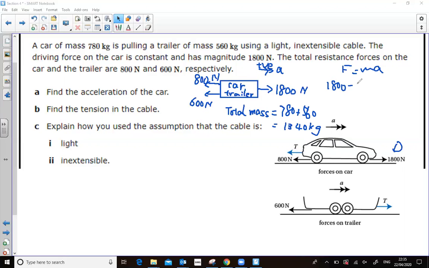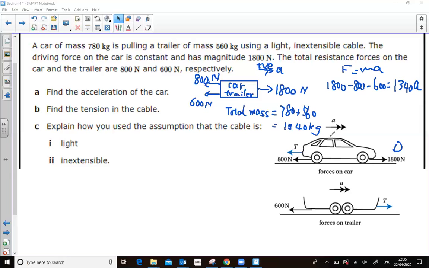So let's just write down take away 800. And then also negative 600 Newton. And that would equal the total mass, 1,340, times the acceleration a.